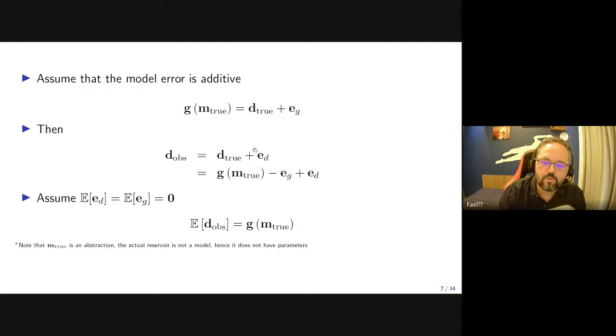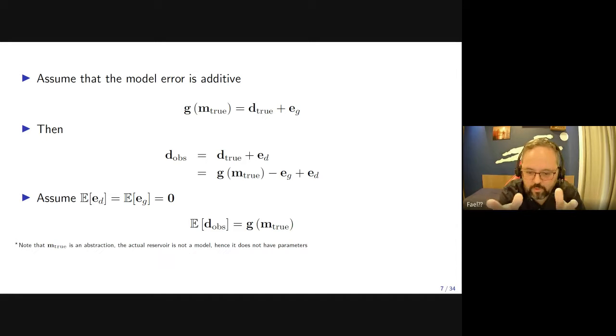Then now it's just algebra. I take d_obs as d_true plus measurement error, replace the true data from here, and then I get d_obs is G of m_true minus model error plus measurement error. And now I make the strongest assumption, which is that the expectation of both error terms is 0. In other words, that means my data is unbiased and my model is unbiased.